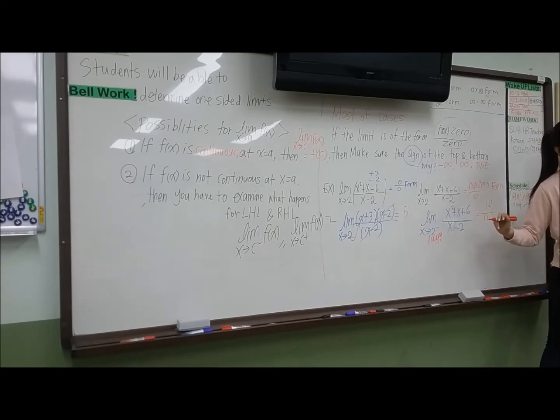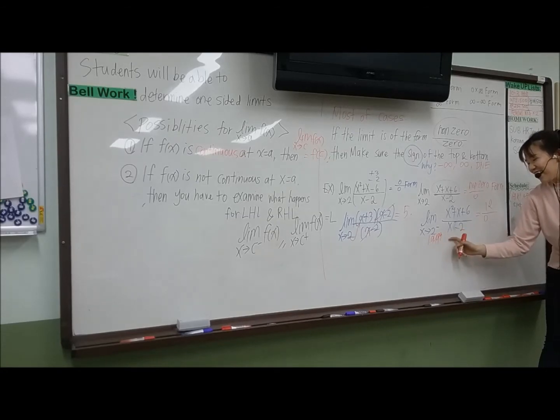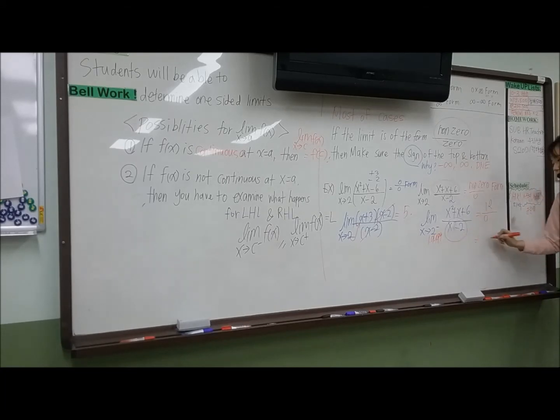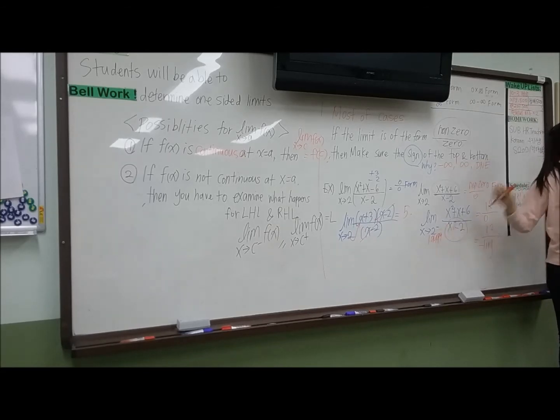If you put it in, you get a tiny number with a negative sign. So that is 12 over minus tiny. It's about 0, but not exactly 0, because we are not putting in 2 exactly. We are just approaching 2 from the left hand side. So the answer will be negative infinity.